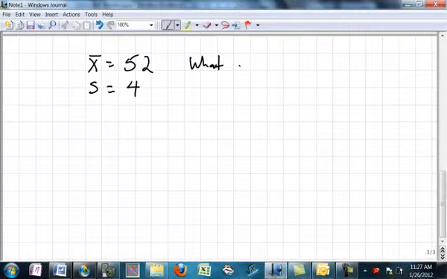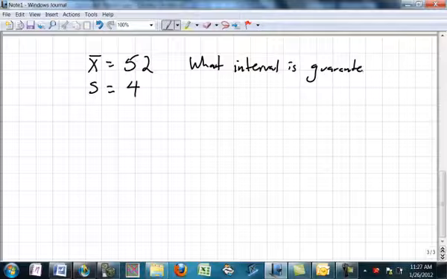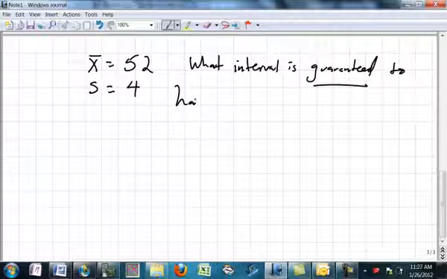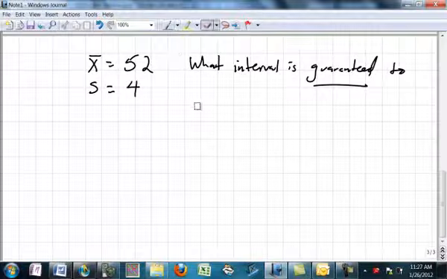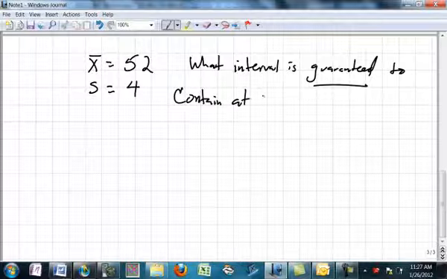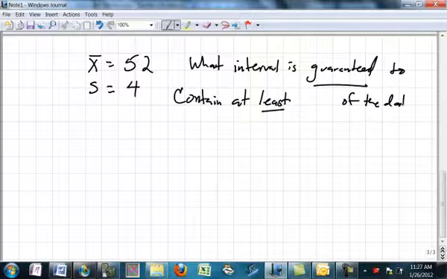What interval is guaranteed to contain at least, and let's give it a percentage of the data. Oh, let's say 60%.